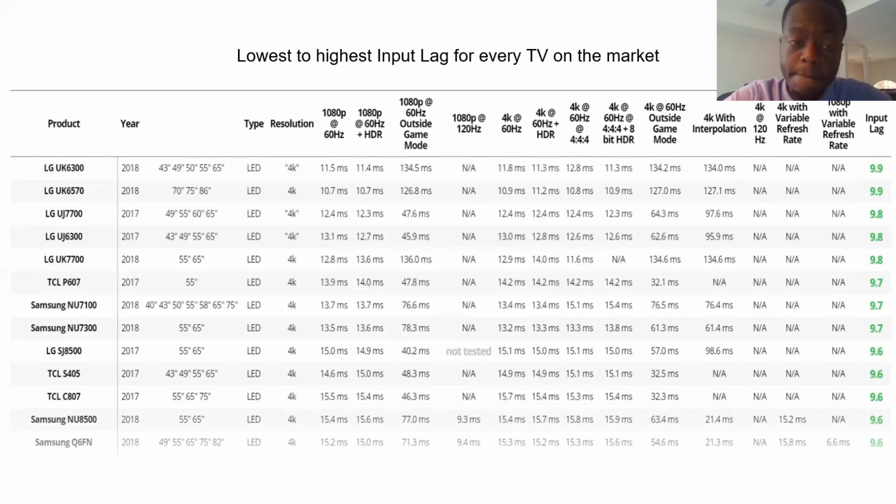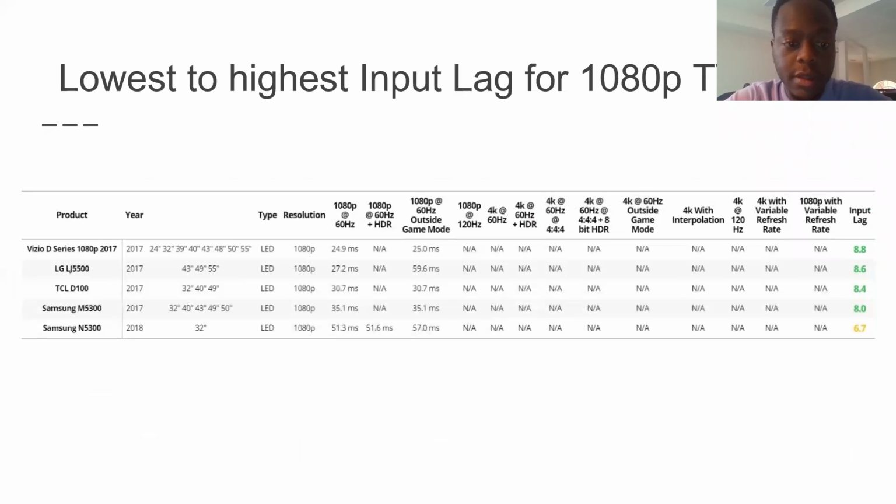What does this mean? This means that we can scratch one factor off the list, that is resolution. It is a common theory that the lower the resolution, the lower the input lag. So you would think that with a 1080p resolution, it would be lower input lag because there are fewer pixels to push.